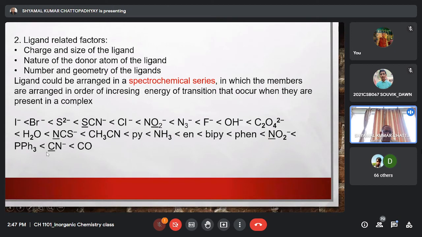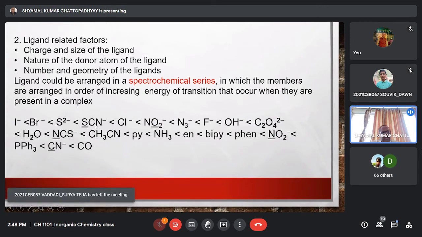But still, carbon monoxide is one of the strongest ligands that is known. Not only that, carbon monoxide is also a very weak Lewis base, right? So it is neither carrying a charge, nor does it have strong basic character. Still, carbon monoxide is one of the strongest ligands known.